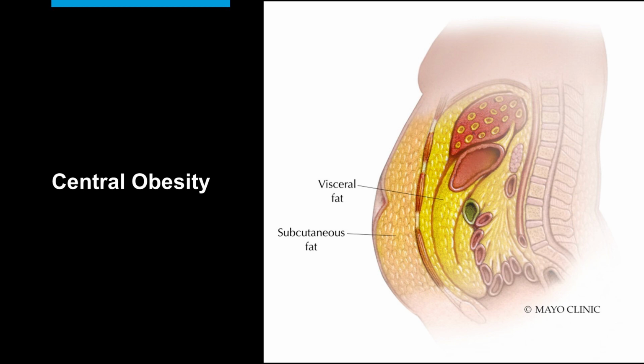And the reason is because fat around the intestine is a type of fat that is very inflammatory and might lead to atherosclerosis much faster. So it's important to measure central obesity in all of our patients because that might actually be a much better predictor of risk than just BMI or total amount of fat.